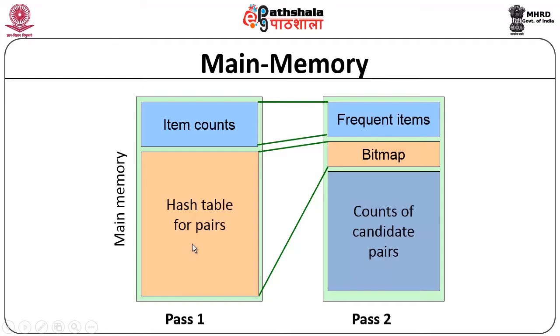So, you take every pair of items and give it to the hash function. If the hash function maps it to a particular bucket that is represented by a bit vector which is also frequent, then that particular bucket will be set to 1 and the corresponding item will also be placed into the bitmap.